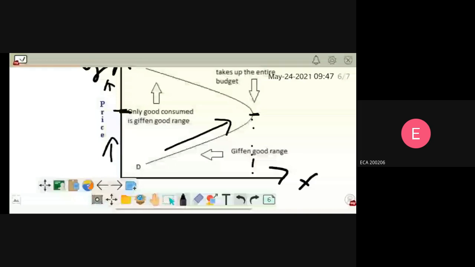So we are discussing the consumption pattern of a poor consumer: as the price of the good goes up, he first buys more of that good, then it reaches a certain point.